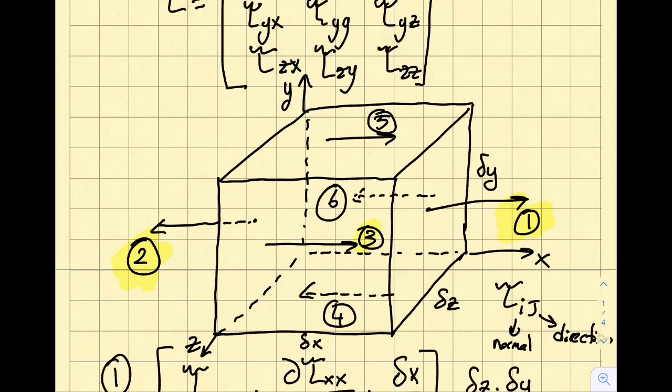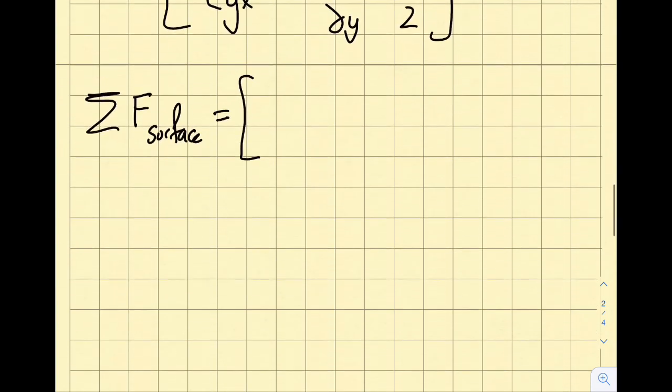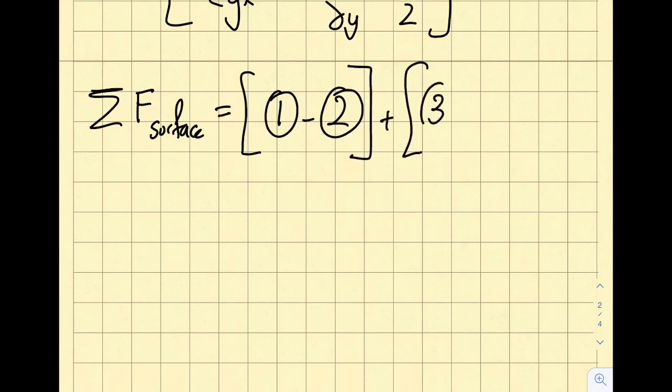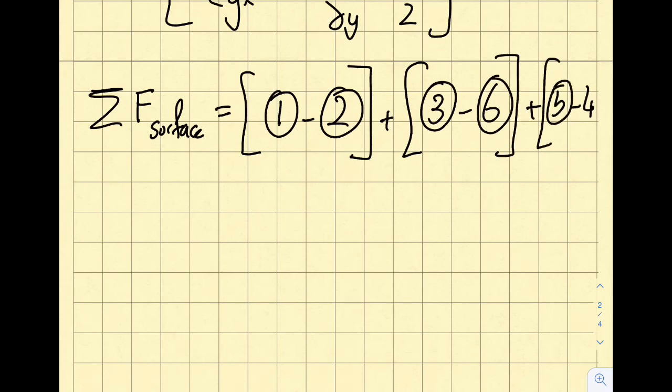Then 3 minus 6 and also 5 minus 4. So it's going to be force number 1 minus force number 2, plus force number 3 minus force number 6, plus force number 5 minus force number 4. This will be the summation of all these 6.